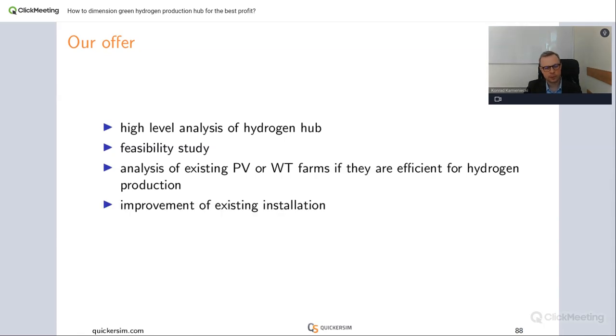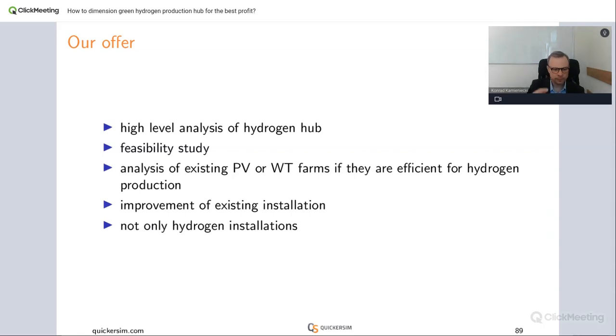So we can state the problem in that case. And also, if you already have an installation which produces hydrogen, we can see if there is a possible improvement of your installation, playing with the controller or with the sizing of the installation or controlling strategy.